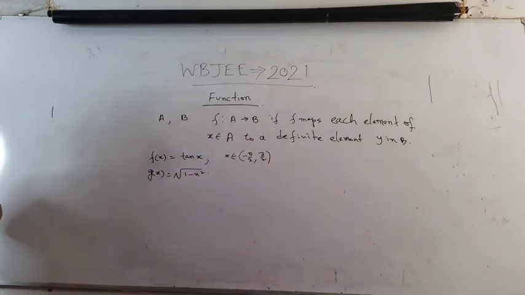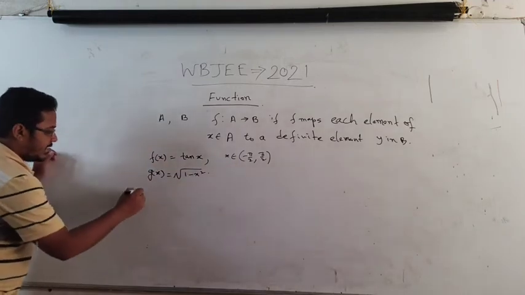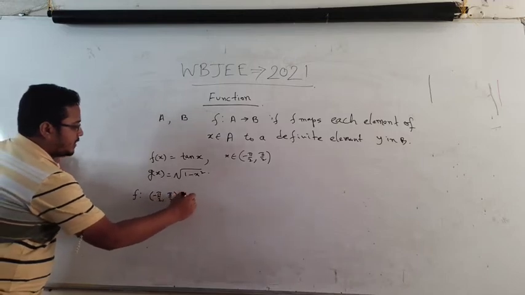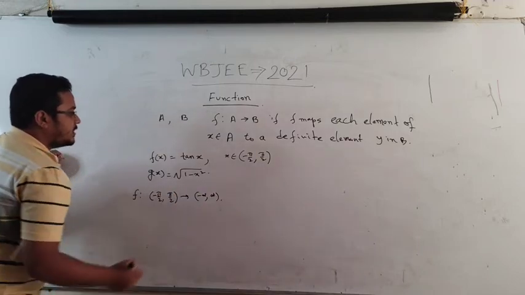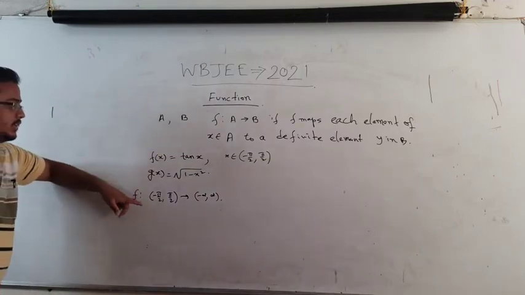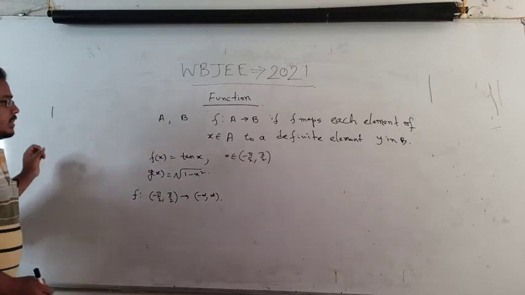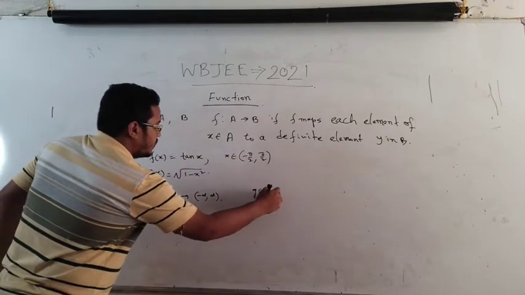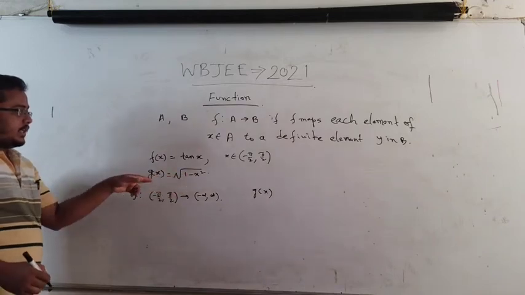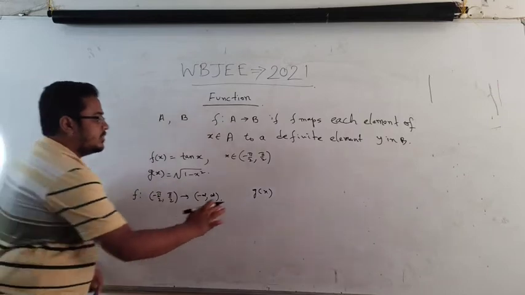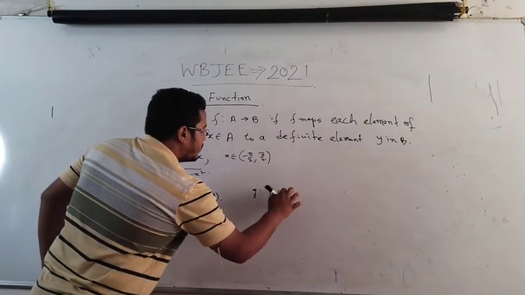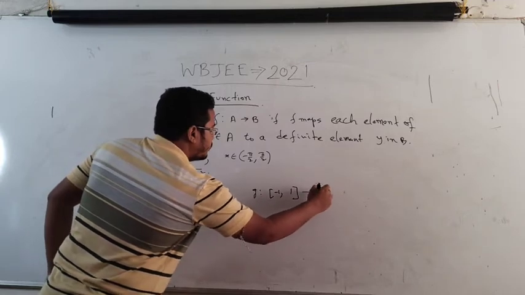If we consider this domain, we can clearly see that f is a function from minus pi by 2 to pi by 2, onto minus infinity to infinity, because tan goes to infinity and minus infinity at pi by 2 and minus pi by 2. And g(x) will be defined if x belongs to minus 1 to 1, and clearly the range of g(x) will be 0 to 1. So g is defined from the closed interval minus 1 to 1 to the closed interval 0 to 1.